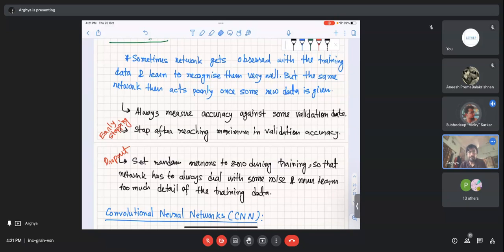Yeah, so I'm just trying to understand what this means. You are trying to add some noise to the network itself, such that the network never learns. Right, exactly. The problem is overfitting: say your network started learning the training data with 100% accuracy.